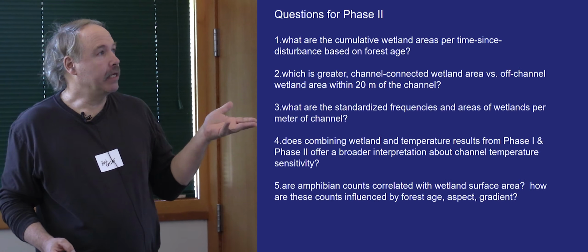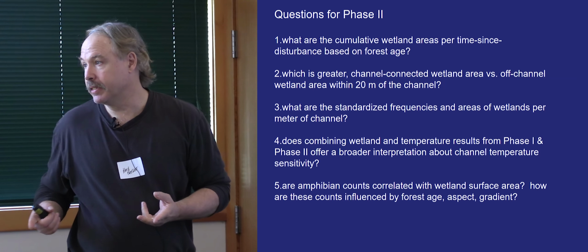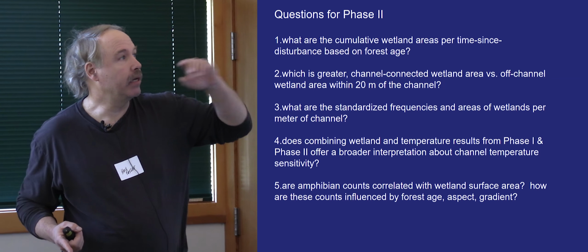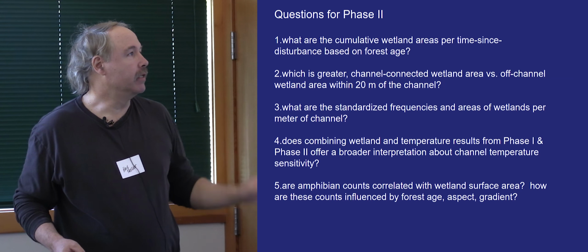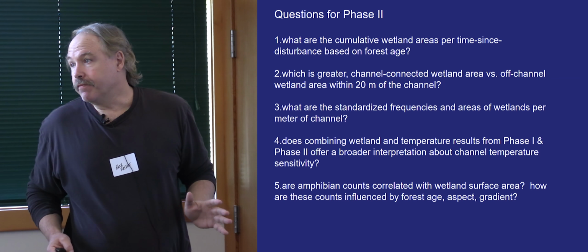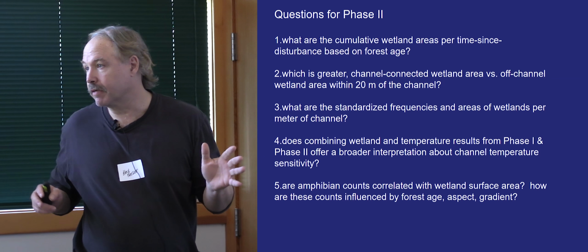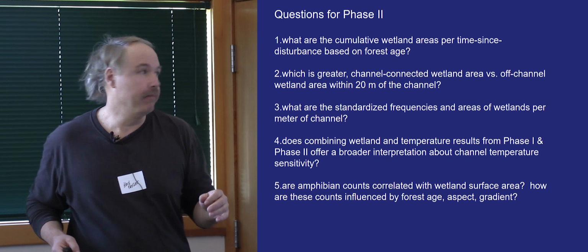So going out in the OESF, for our phase 2, we came up with some research questions here. With the first one, we're looking at stand age, probably using broad classifications of early, mid, and late seral to evaluate that influence. As Jack just described, most of the wetland features are along the channel, but sometimes you get quite a few that are disconnected from the channel out in the riparian area.